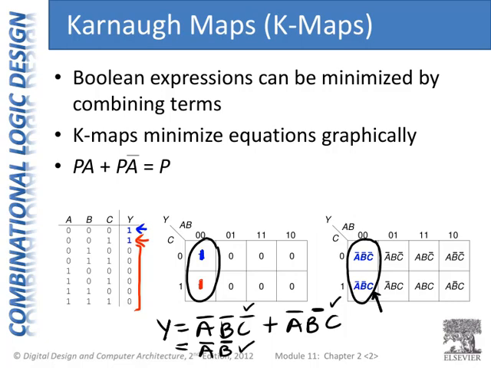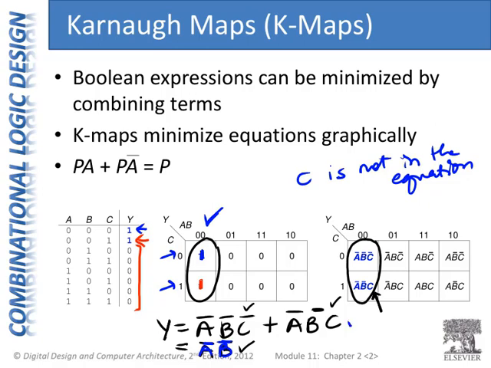We can see graphically that this circle only covers the A low and B low case, A0 and B0, so A bar, B bar, but it covers both forms of C. So C is not in the equation because that circle covers both forms of C. But the circle only covers the zero forms of A and B, so A bar is in the equation ANDed with B bar.